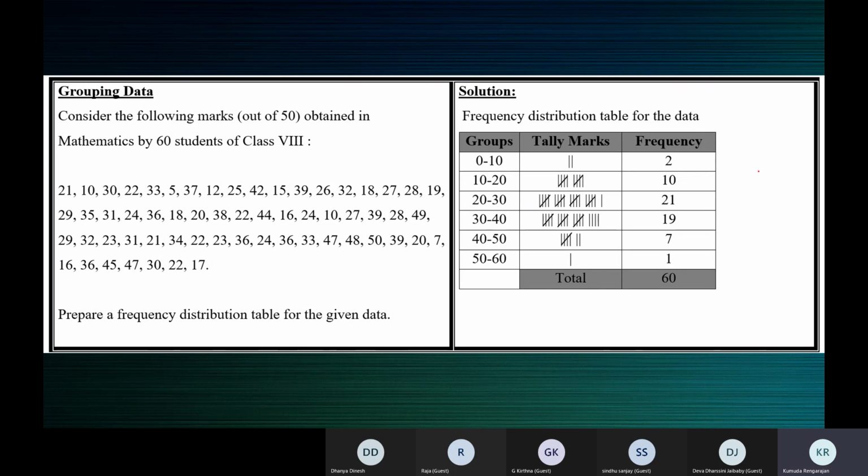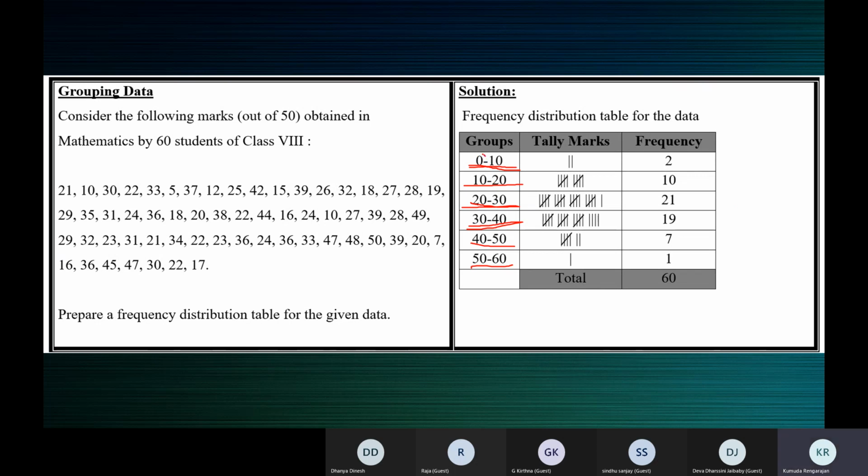Now let's understand the values that are contained in the first class interval 0 to 10. Now 0 to 10 is called a class interval. 10 to 20 is called a class interval. 20 to 30, class interval. 30 to 40, 40 to 50, 50 to 60. These are called class intervals.